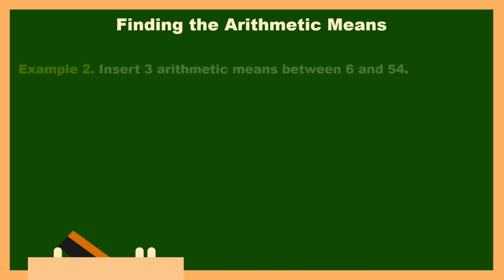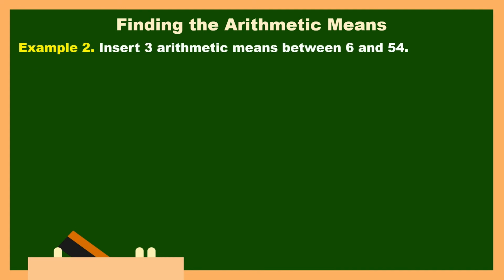Another example, insert 3 arithmetic means between 6 and 54. So, ang una nating gagawin ay identify natin ang value ni a sub 1 or yung first term, yung a sub n or the last term, at ang n, yung number of terms. Ang ating a sub 1 or first term dito sa ating example ay 6.